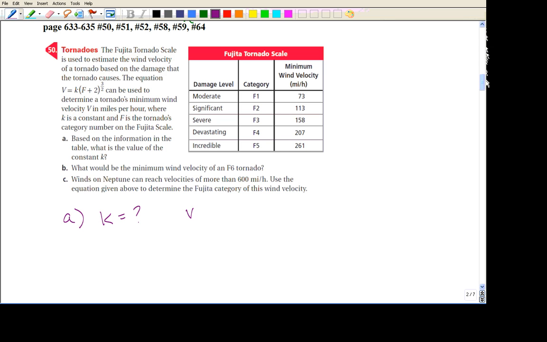So if my function V equals K times F plus 2 to the 3 halves, okay, is what we're going to use. So I will take a velocity of 73 equals K, what I'm solving for, times our category number for 73 miles per hour is 1. And we'll add 2 to that and raise it to the 3 halves power.